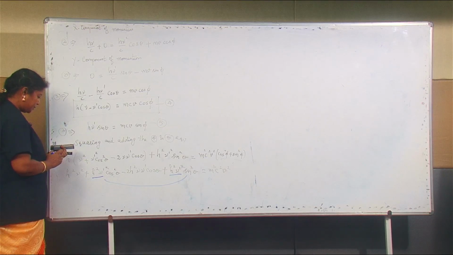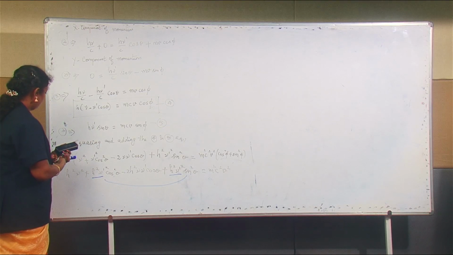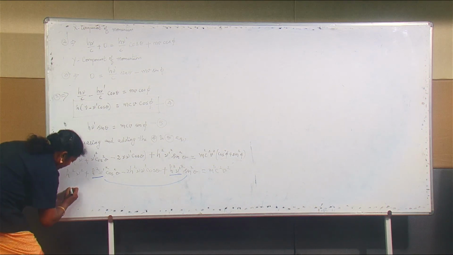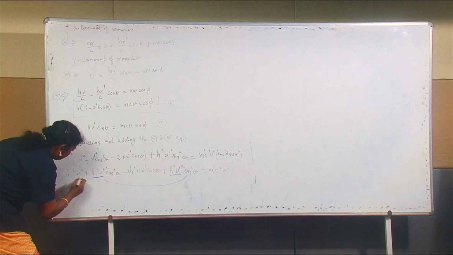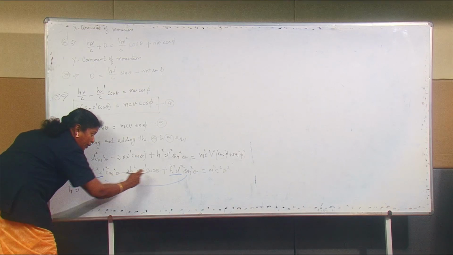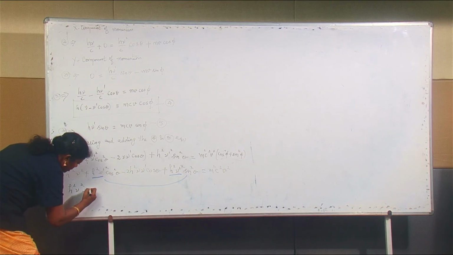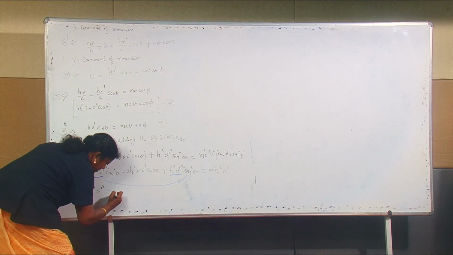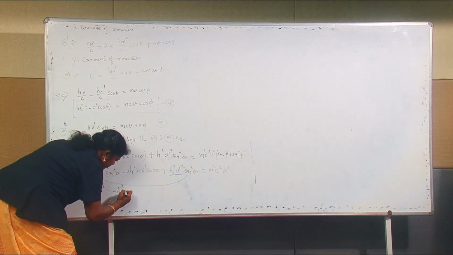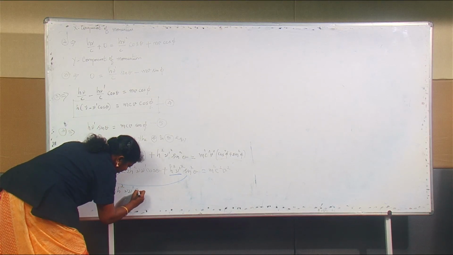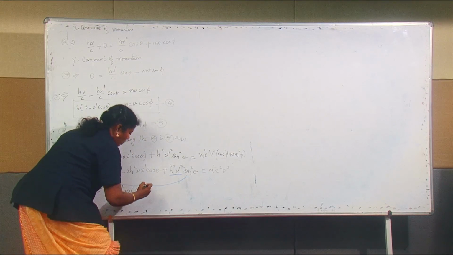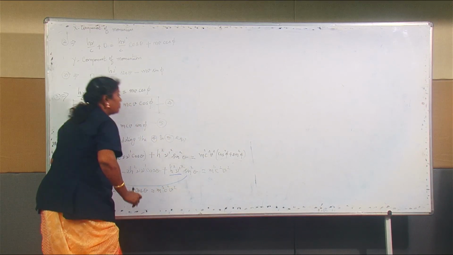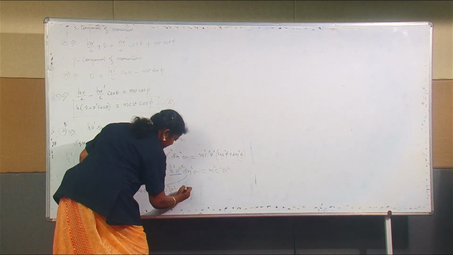So, we can write as h squared ν squared. Now, it is changed into 1. So, therefore, we get h squared ν' squared minus 2h squared ν ν' cos θ is equal to m squared c squared v squared. This is equation number 6.